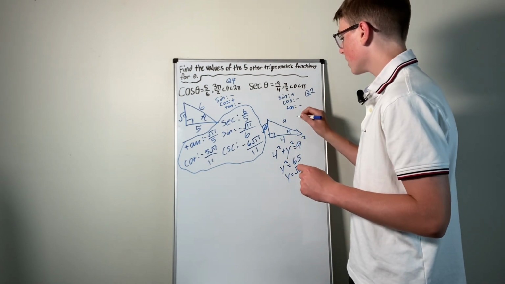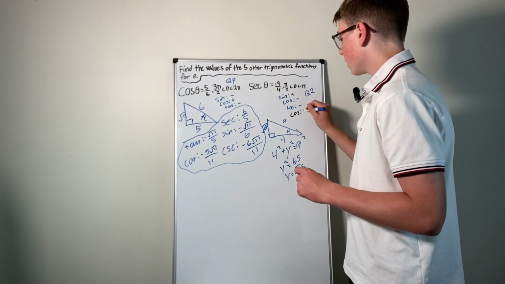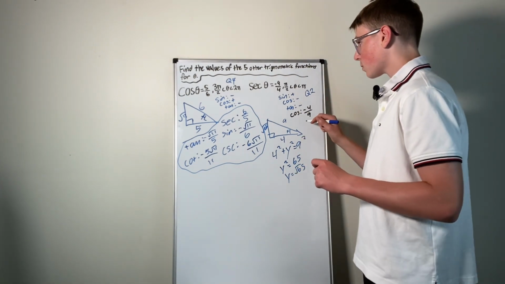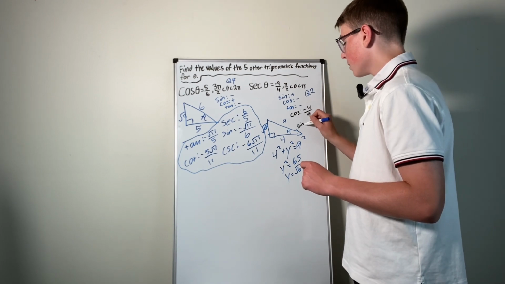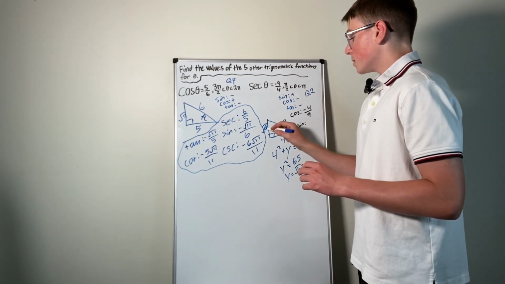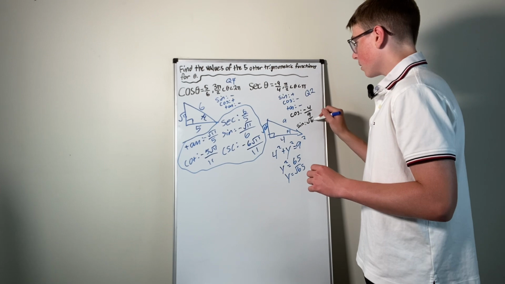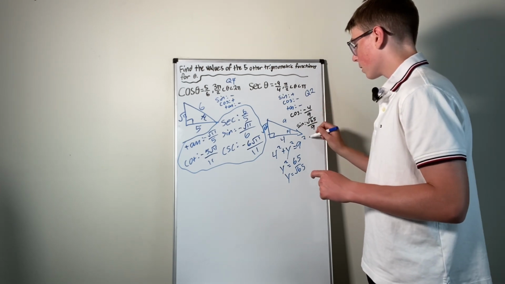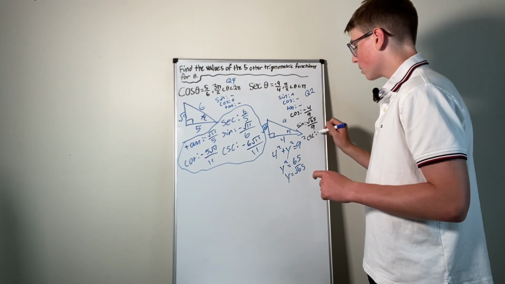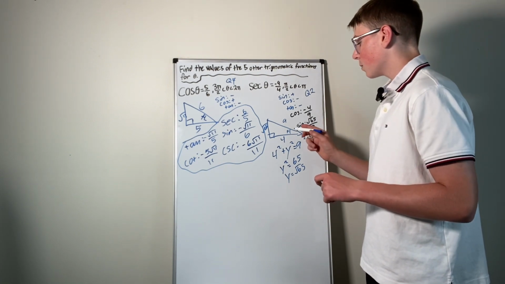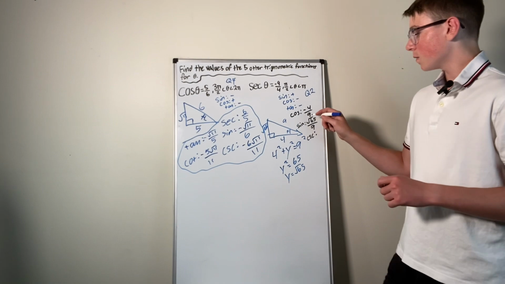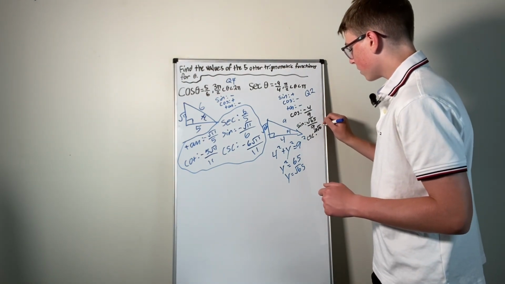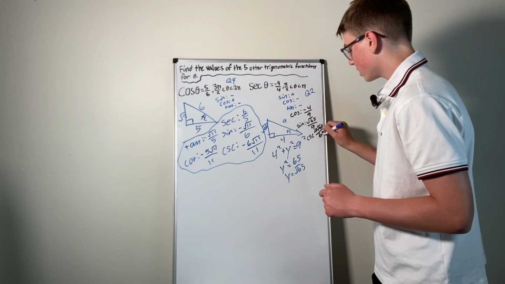So we have secant, that means we can get cosine of negative 4 over 9 by taking the reciprocal. And then we can go for sine. Sine will be root 65 over 9. Then we'll go for cosecant. Cosecant will be equal to, flip this over, 9 root 65 over 65 because you've got to rationalize.